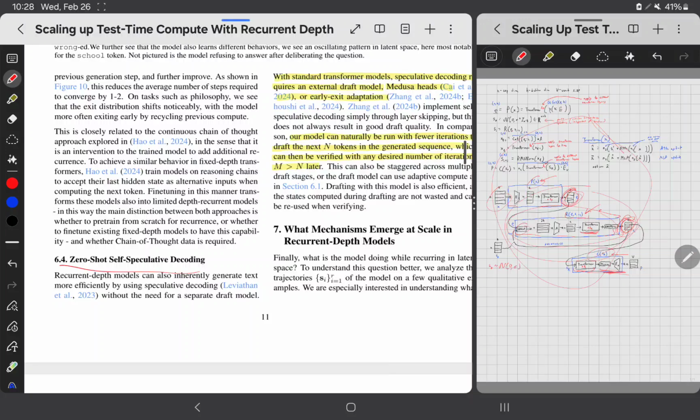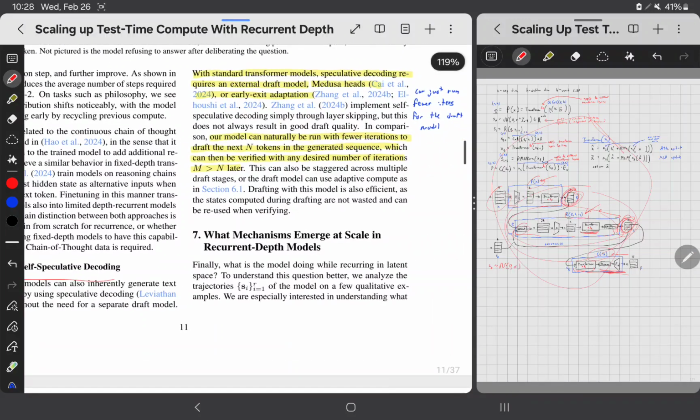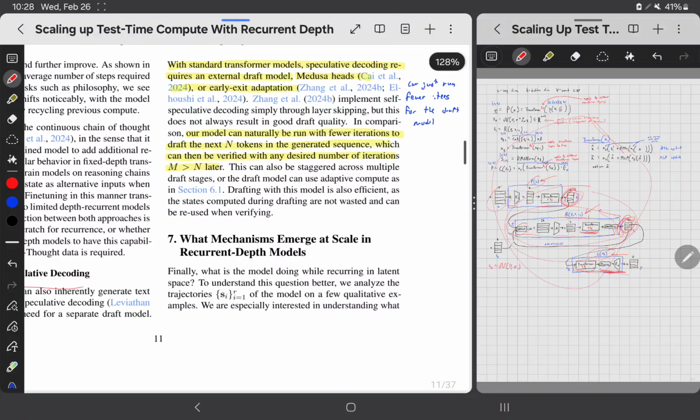They also mention you can do speculative decoding. So with speculative decoding, you usually have a small large language model that basically does a bunch of guesses for the next tokens, and the larger model evaluates those. And they mention here, you can do that.